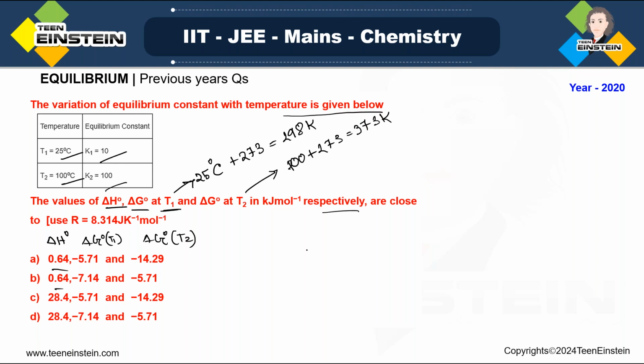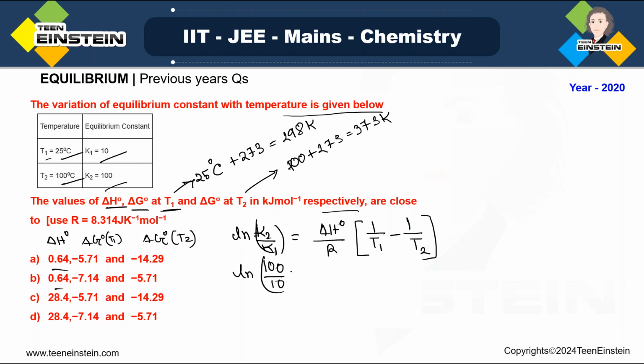So here we will use this equation, that is ln K2 divided by K1, and that is related to del H naught divided by the gas constant, times 1 by initial temperature minus 1 by final temperature. You can also use expression I and F, but here 1 and 2 are already written. Now K2 and K1, it is ln 100 divided by 10.